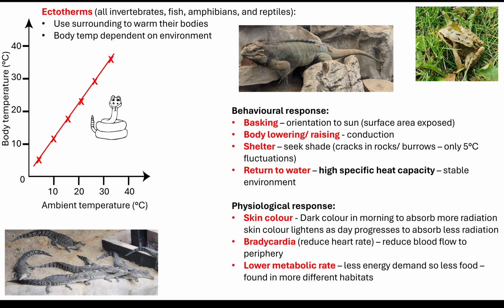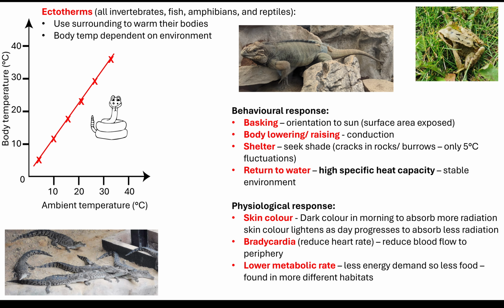Also, they can have low metabolic rate. Now, this low metabolic rate means that they have a less energy demand, so they require less food. Now, this is an interesting one because this links to your ecosystem topic area of module 6. But what it does mean is that these ectotherms can be found in different environments because they don't require as much energy. Therefore, they don't require as much food.